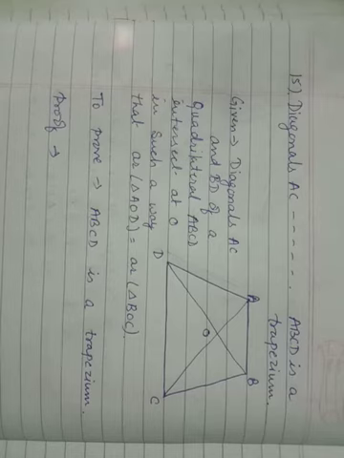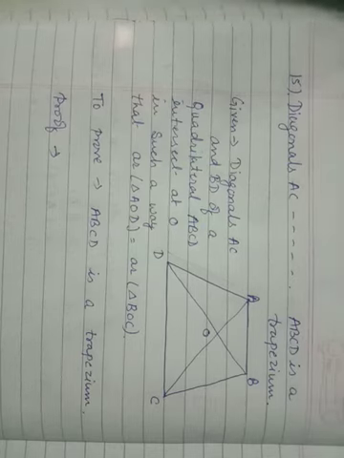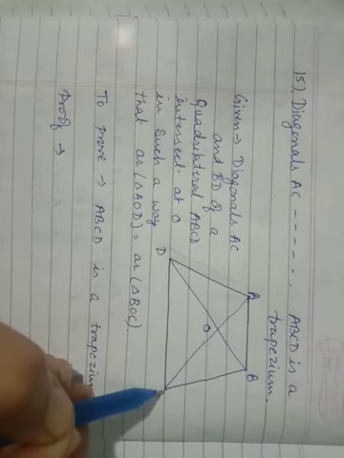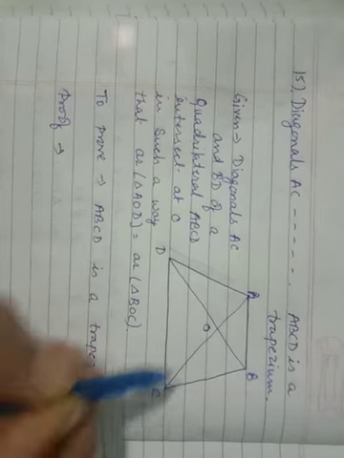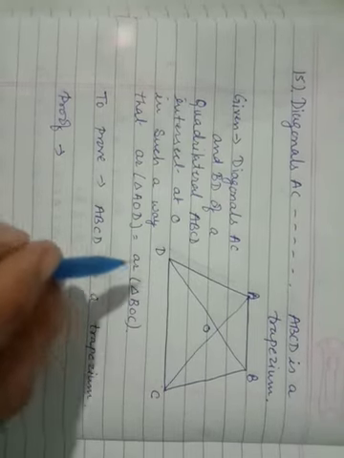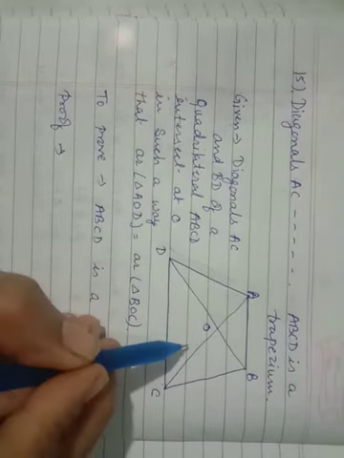Now question 15. Diagonals AC and BD of a quadrilateral ABCD intersect at O in such a way that area of AOD is equal to area of BOC. Prove that ABCD is a trapezium. See, this is given that area of AOD is equal to area of BOC, and their diagonals AC and BD intersect at O. So we have to prove that ABCD is a trapezium.